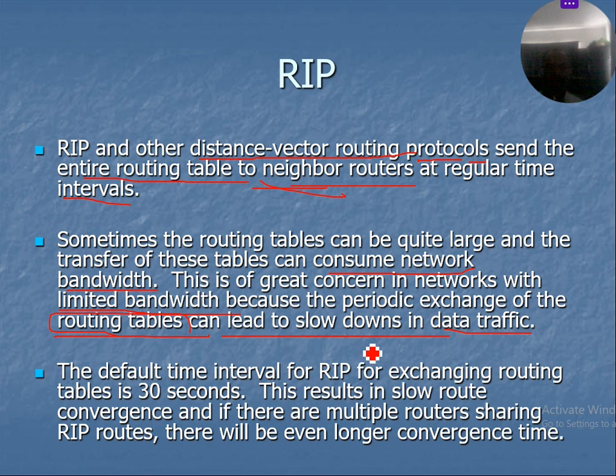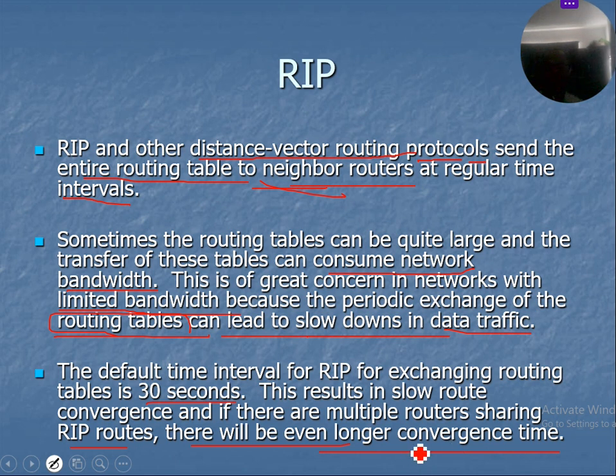The default time for exchanging routing tables is every 30 seconds, when a router sends its routing table to neighbor routers. This results in very slow route convergence. If there are multiple routers sharing RIP routes, there will be longer convergence time, because more routers are sharing all this routing table information.